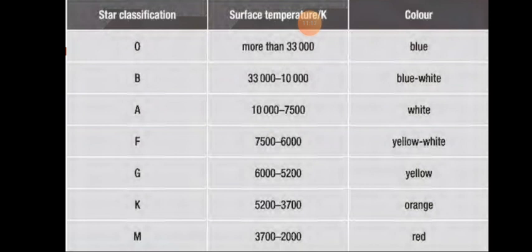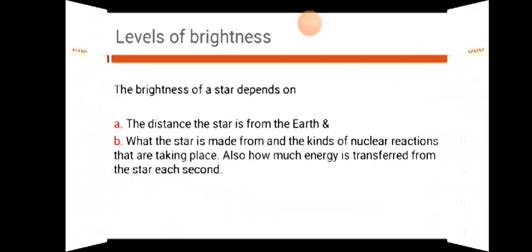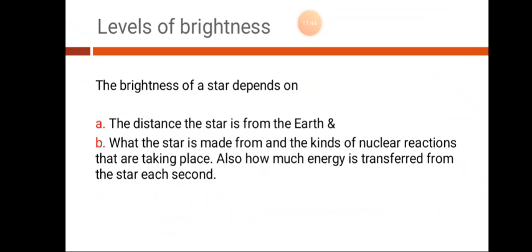K is orange. M is red. You can also have a look at the temperatures, how they differ with regards to their colors. So this is a classification of stars based on their color and surface temperature, according to a study done by the researchers.